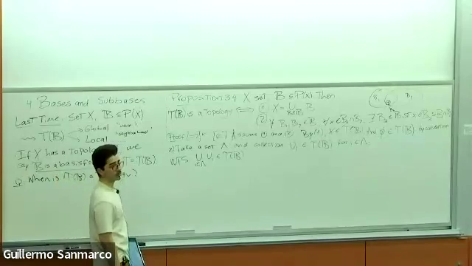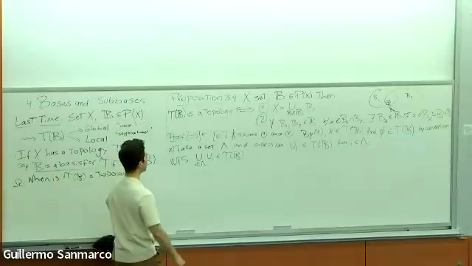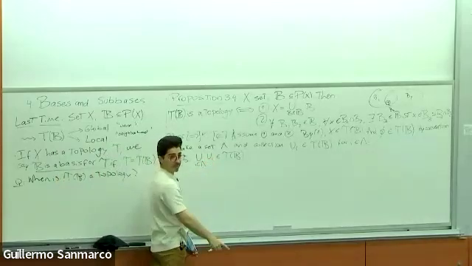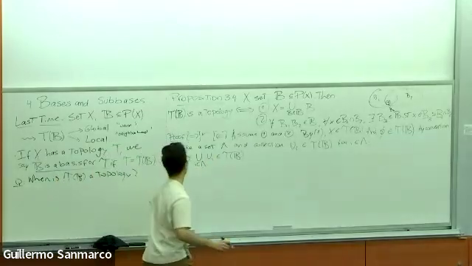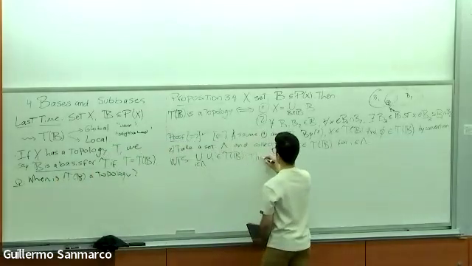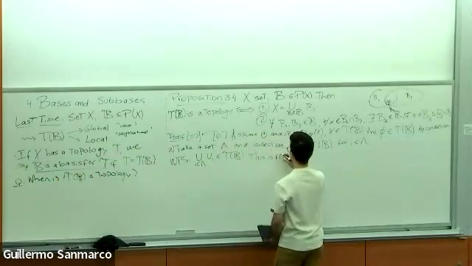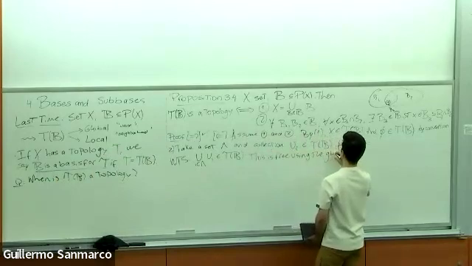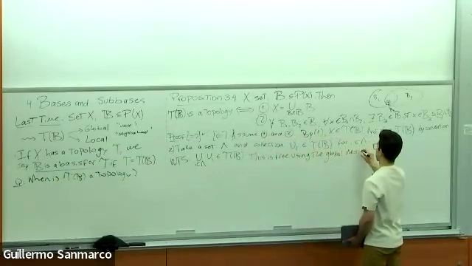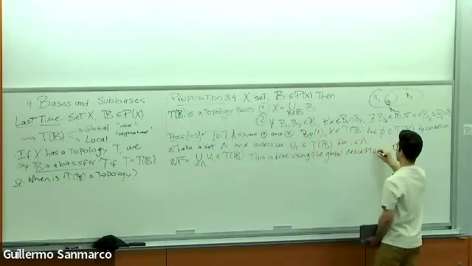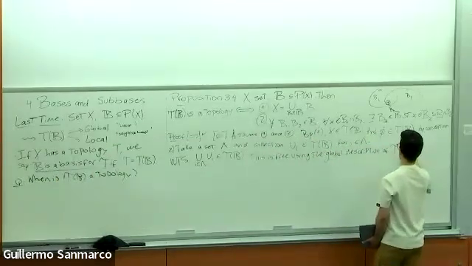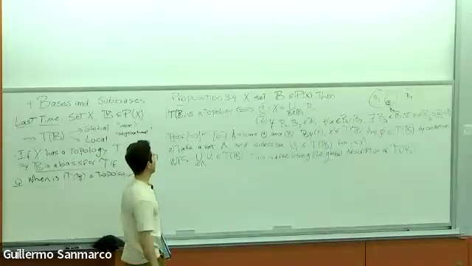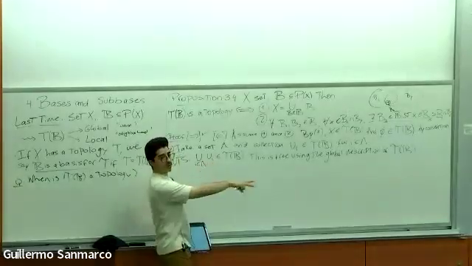Remember, T of B is union of things in B. So if each U_i is a union of things in B, then the union of them is also a union of things in B. So this comes for free just using the global description of T of B. I don't want to write this, but what I should do is something like each U_i is a union of things over some index.